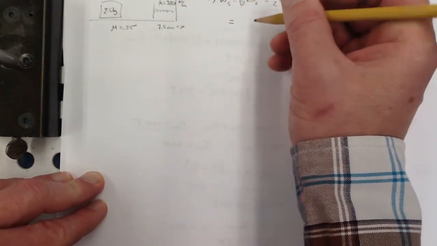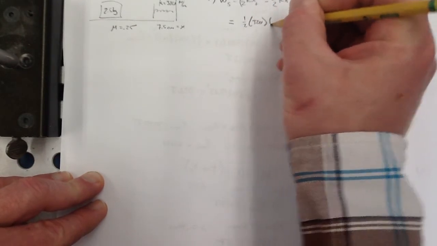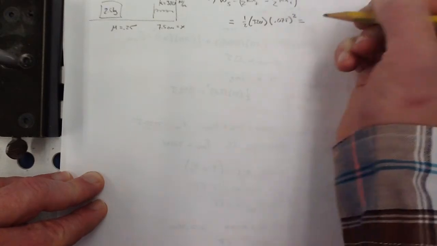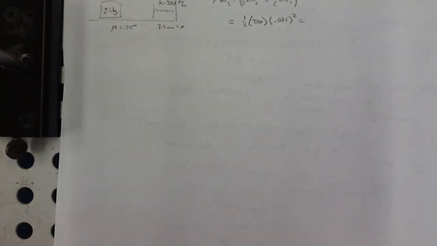So we just want to make sure that we do have the right sign. If we're just thinking about 1/2 kx squared, but should it be positive or negative? What is the spring doing in this situation? Is it doing positive or negative work? Think about that for a second.